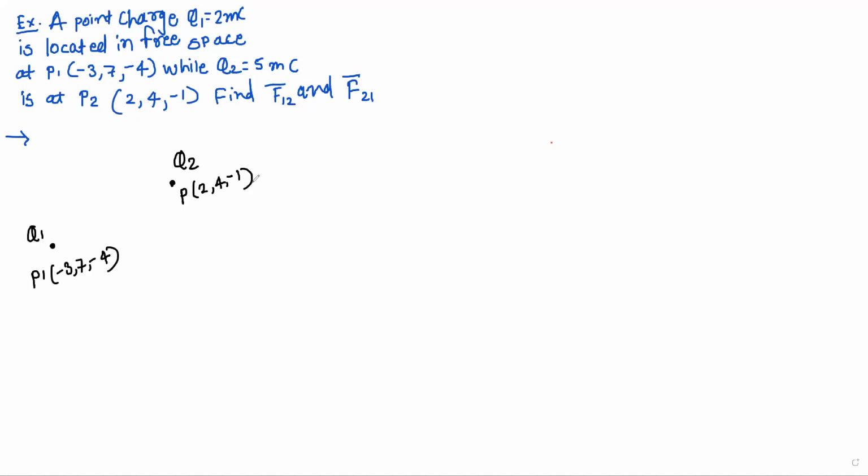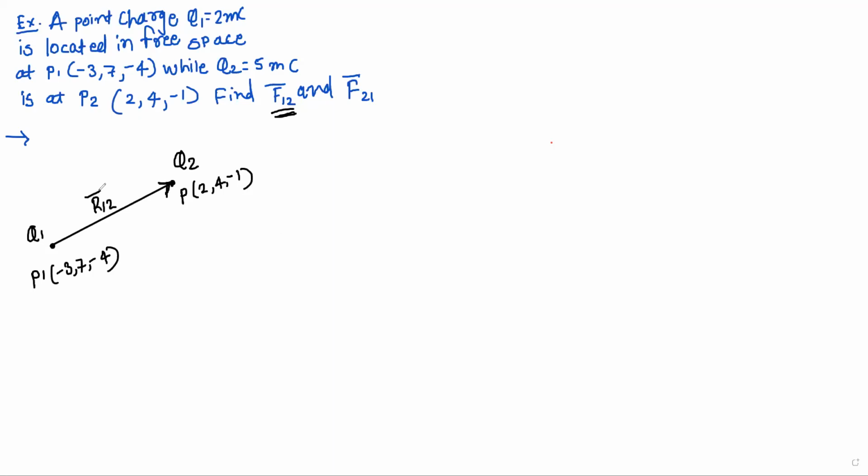First, they have asked to find F12 bar. That means we have to identify the force from Q1 to Q2. This would be the direction of F12. Let us assume the distance between those 2 point charges is R12, as I said earlier.